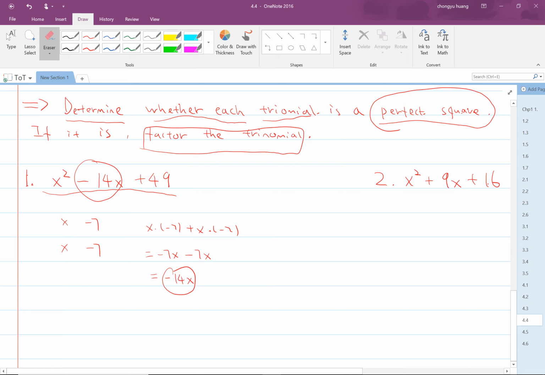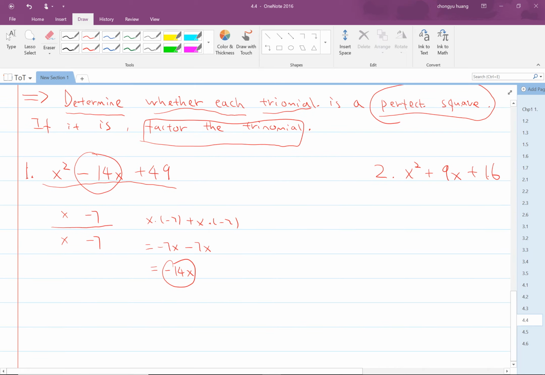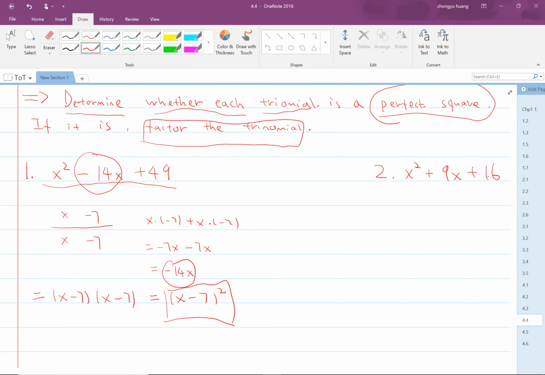So let me erase those circles. Now we have to write down the solution. The solution should be x minus 7 and x minus 7, which is equal to x minus 7 to the power 2. And you notice this is a perfect square, because the power 2 is 2 multiplied by 1.